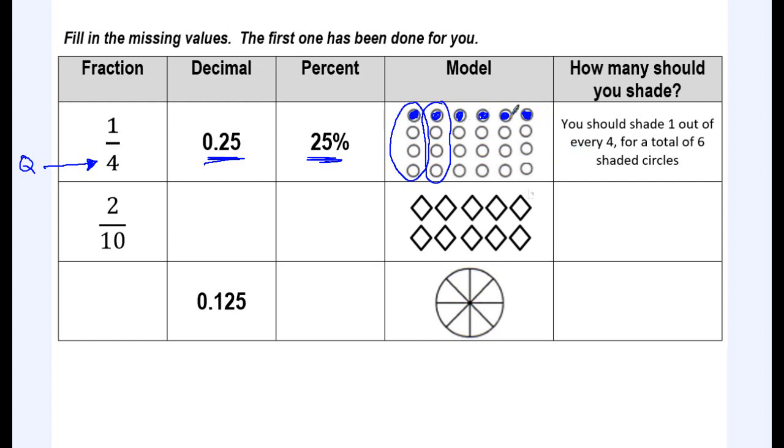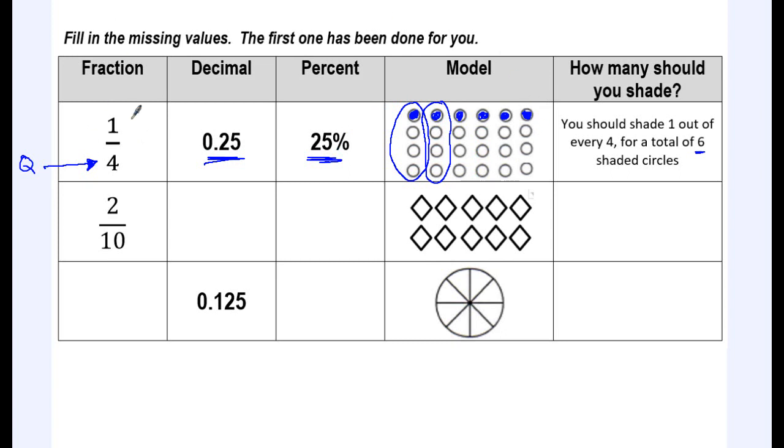So I've shaded a total of 6 circles. What I've shaded now represents 1/4 of the circles, or 25/100ths of the circles, or 25% of the circles are shaded. However you want to look at it.